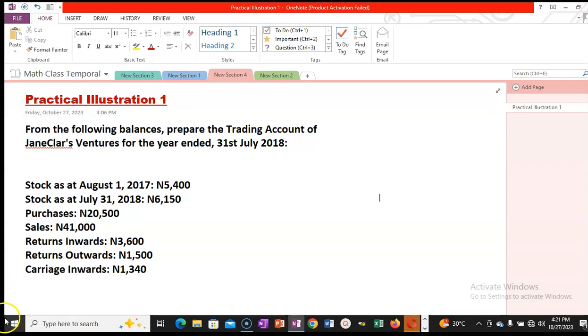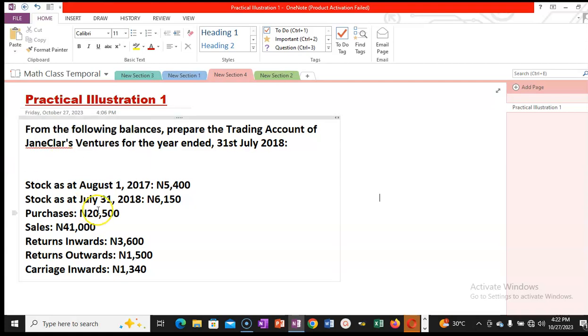Now, purchases, sales, returns inwards, returns outwards, carriage inwards. What are all of these for? Stock at beginning means that before we start this accounting year, we go into our shop and count all the goods we have, and we value them, and the value is 5,400. That's the goods we are starting this accounting year with.